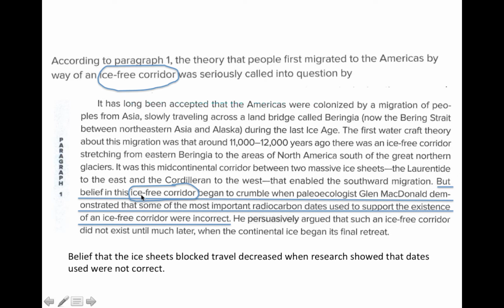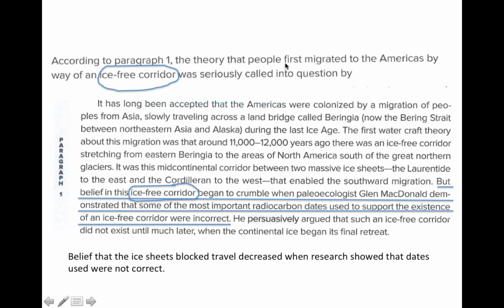But belief in this ice-free corridor began to crumble when paleoecologist Glenn MacDonald demonstrated that some of the most important radiocarbon dates used to support the existence of an ice-free corridor were incorrect. Boy, that's a lot of information, right? It does look like it's the right information, though. The theory is related to belief.